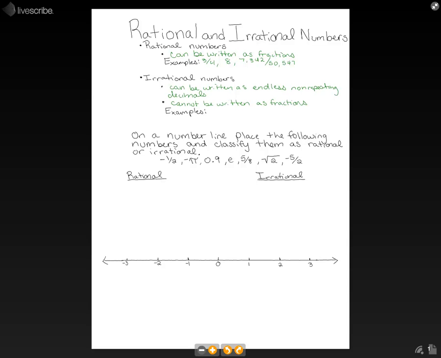So examples of an irrational number would be like pi, the square root of 2, or e. These are numbers that will go on forever in the decimal form and not repeat.